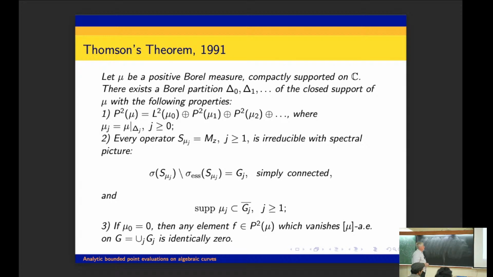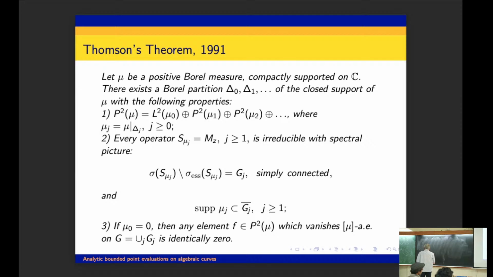There exists a Borel partition, not closed sets, just a Borel partition of the closed support of the measure, so that the closure of the complex polynomials is a direct sum of a Lebesgue space and closure of polynomials on these other parts of the spectrum.